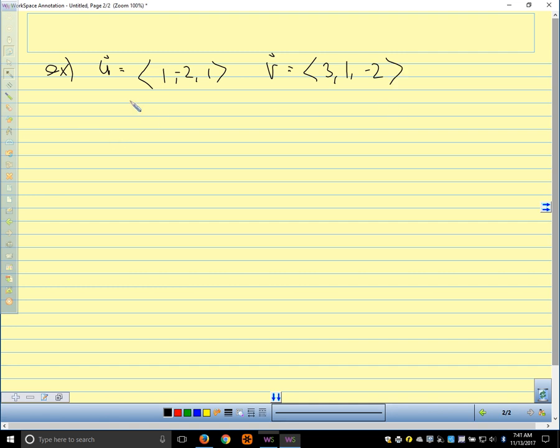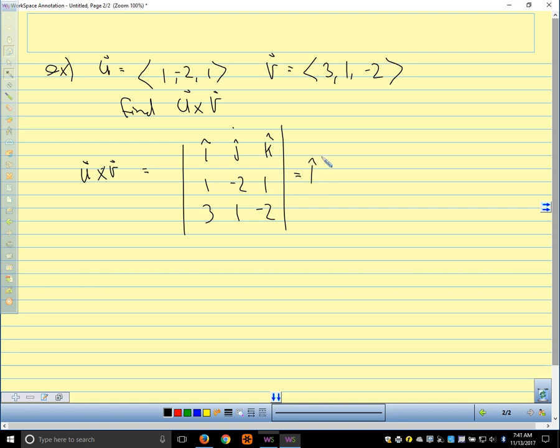And we want to find u cross v. So we're going to say that u cross v is this determinant: i hat, j hat, k hat for our first row, then 1, -2, 1, then 3, 1, -2.